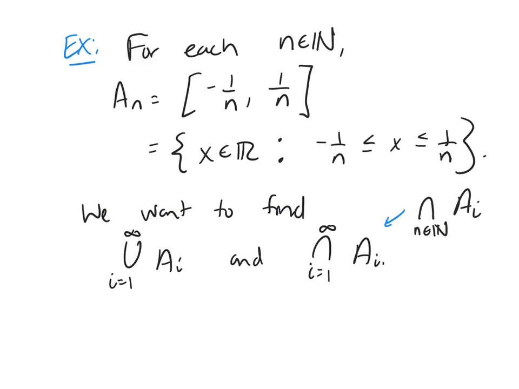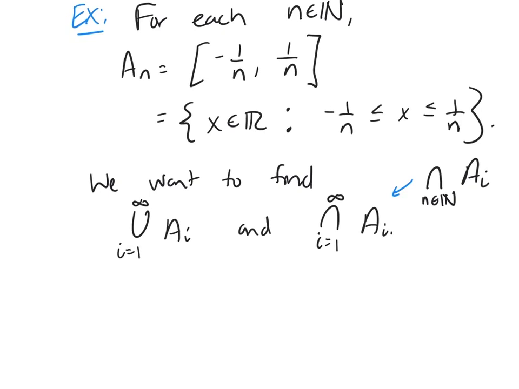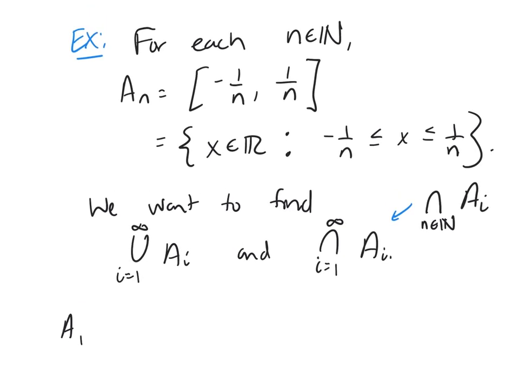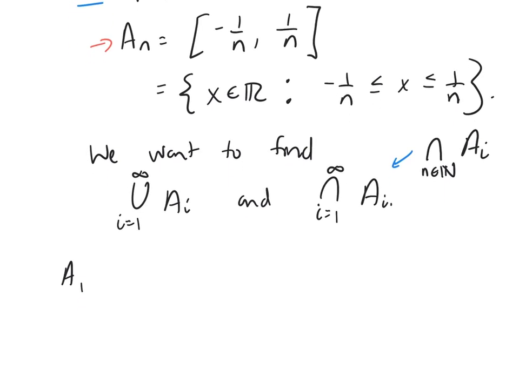Let's start with our first interval, A1. If you go back up to our formula for A_n, plug in n equals 1, and what interval do I get? I get the closed interval -1 to 1. Let's draw that on a number line.